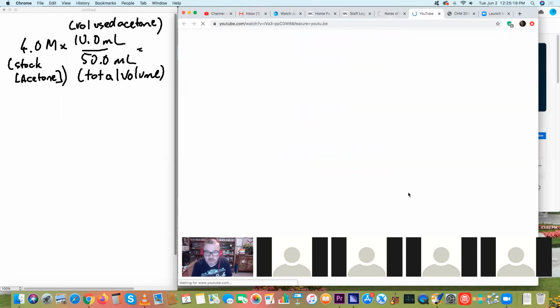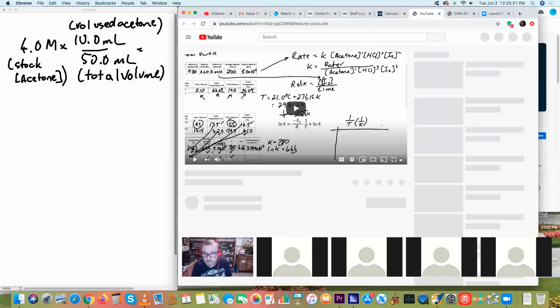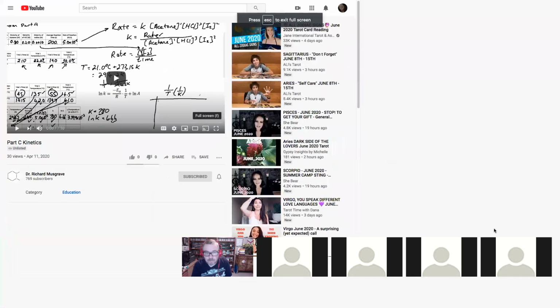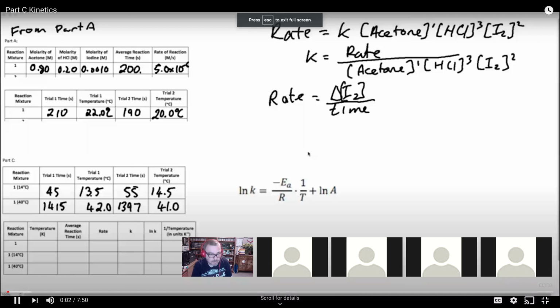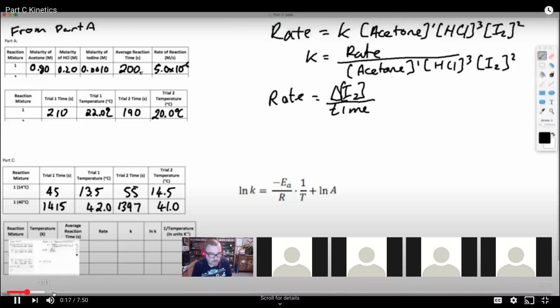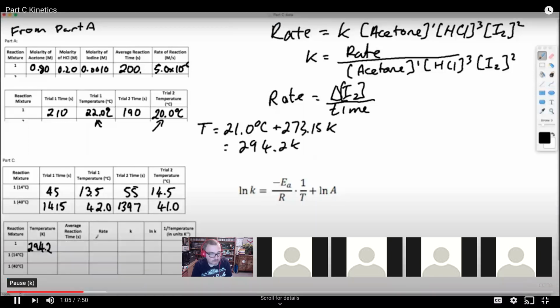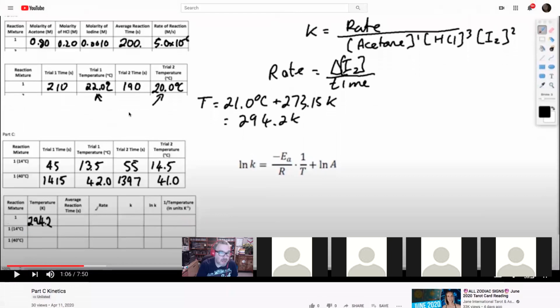But for part C, you've got some stuff from part A that you'll be using here. But over here, you've got these times, reaction times that are going to be at these different temperatures.